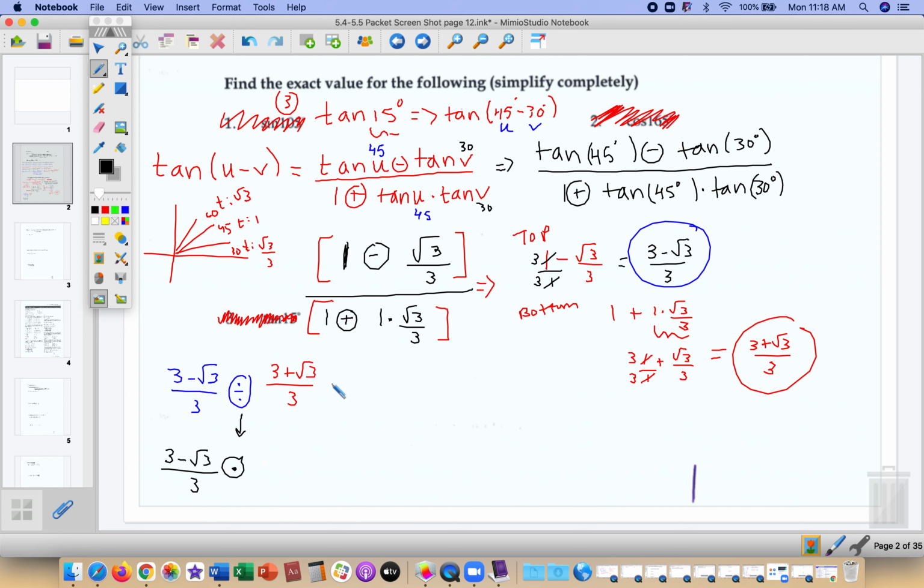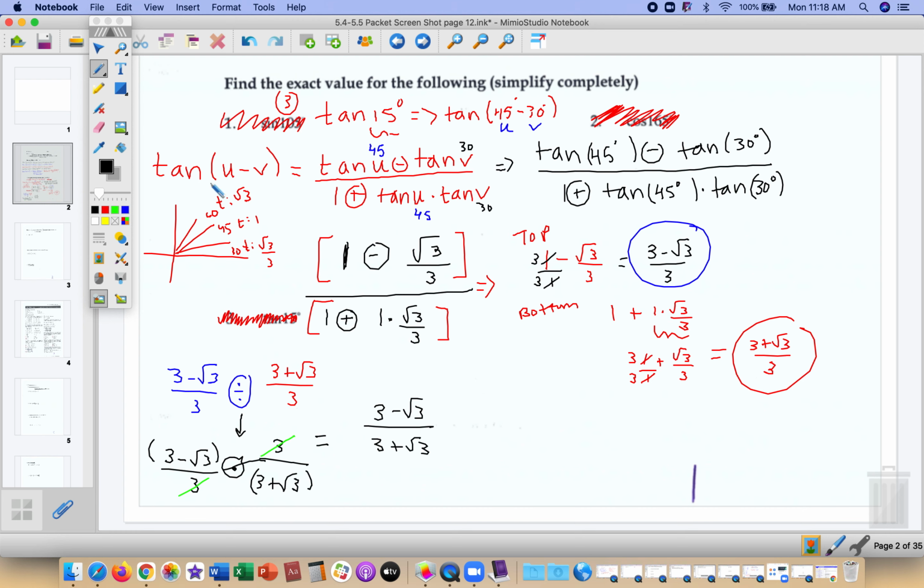If we change to multiplication, we flip the fraction on the right, so 3 over 3 plus root 3. If we extend that multiplication line, those 3's cancel, right? The 3 minus root 3 and 3 plus root 3 aren't the same, so they don't cancel. So now we have 3 minus root 3 over 3 plus root 3.